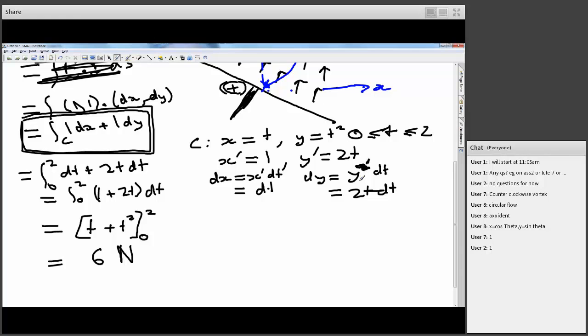Just go for it. Now I picked a really nice vector field here. A more complicated one could make the integration really hard if you're not careful, and so looking at some of the high-level theorems to simplify would be a good thing if possible. But this is always a good fallback option.